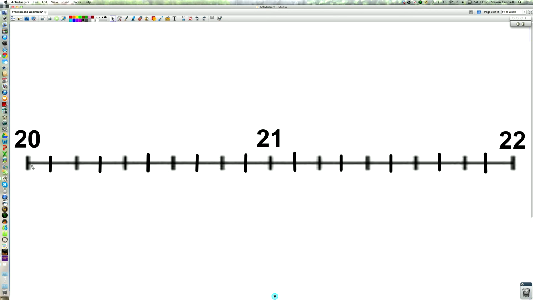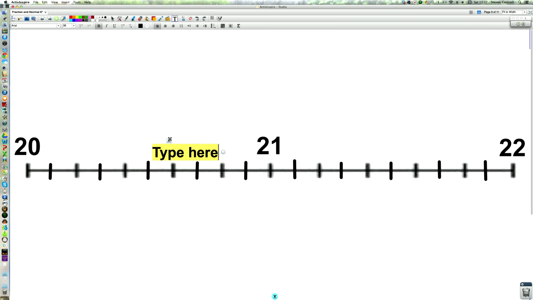So my 1/2 would be right about here. That would be 20 and 1/2, right? I'm doing this at home, so my writing is going to be a little bit off when I try to do it. I'm going to try to type it and see if I can do it that way.